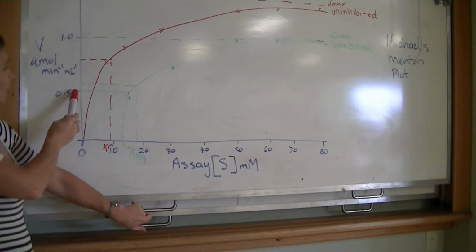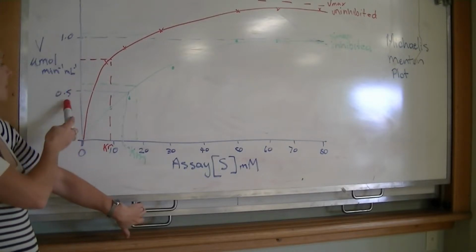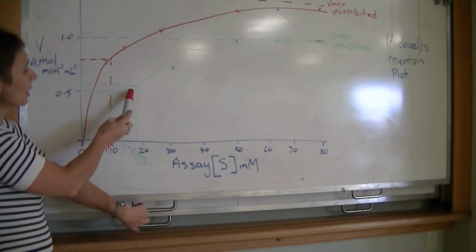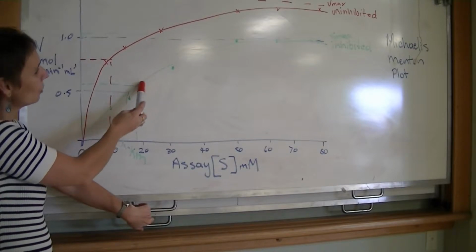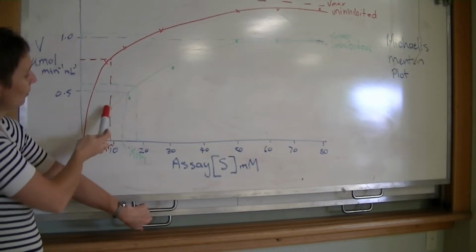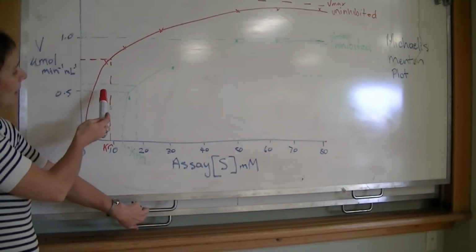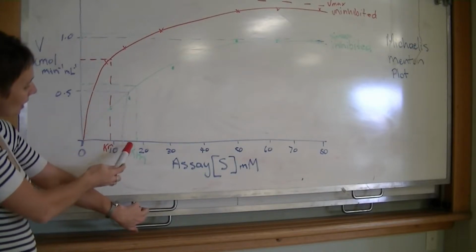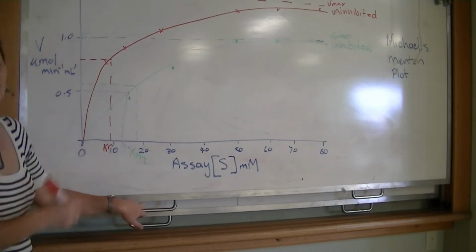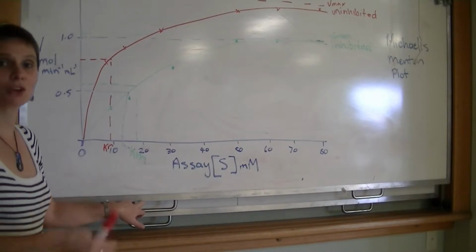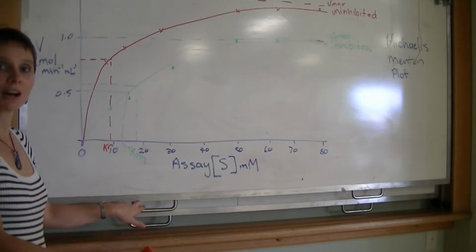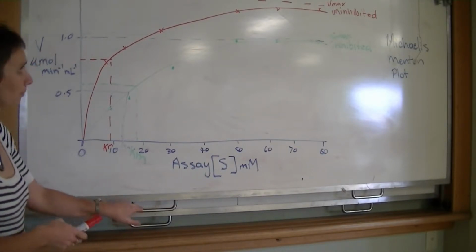Come halfway down, so half Vmax, which is 0.5, come across to where your line of the reaction is placed, come down to the x-axis, and that gives you your Km. That is the concentration at which half the active sites are filled.